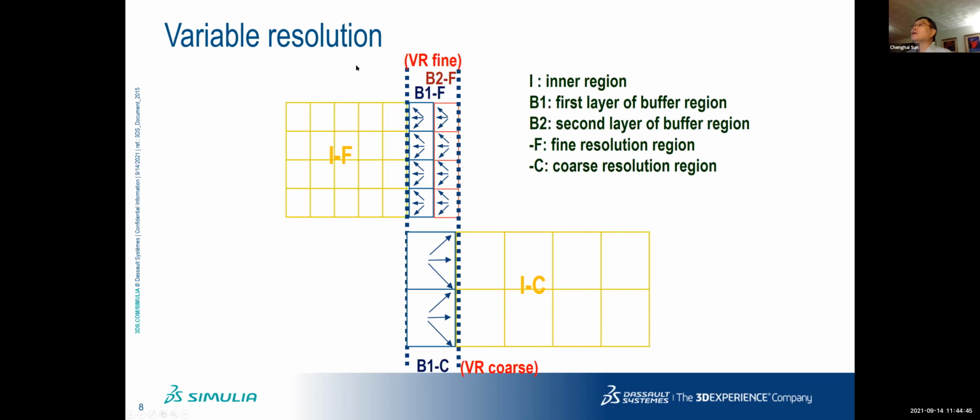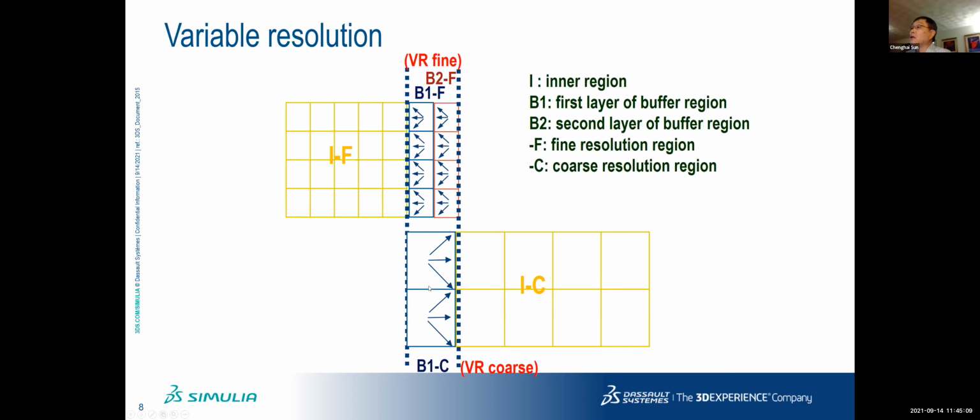Next is the description of the variable resolution. If we have variable resolution, for example, the left-hand side has a fine grid and the right-hand side has the coarse grid.